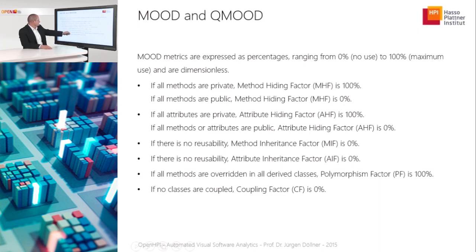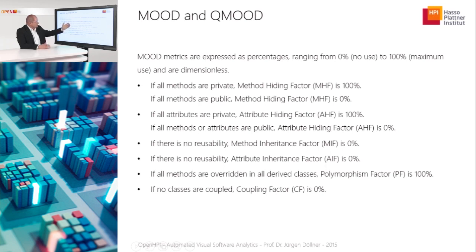The same for attributes, the same for the method inheritance factor. If there is no reusability, the inheritance factor is 0%. The same for attributes. Interestingly, in polymorphism, if all methods are overwritten in all derived classes, then this factor would be 100%. Of course, in reality, these 0 or 100% are rarely reached, because typically in an object-oriented design, the values are somehow in between.